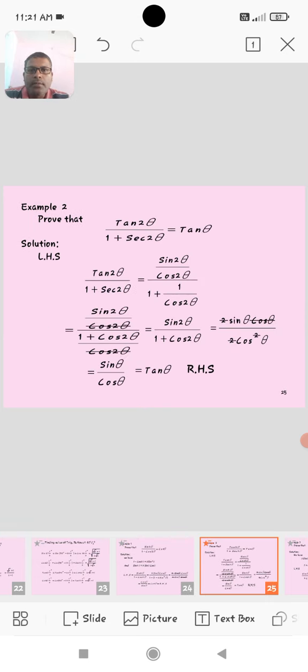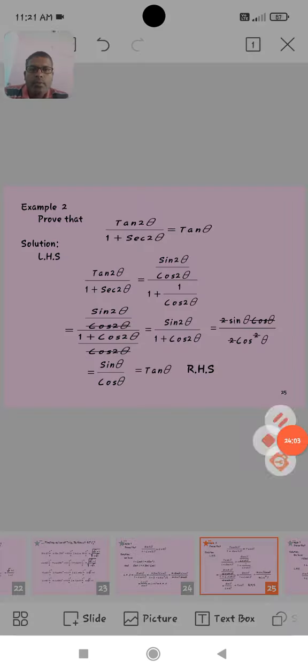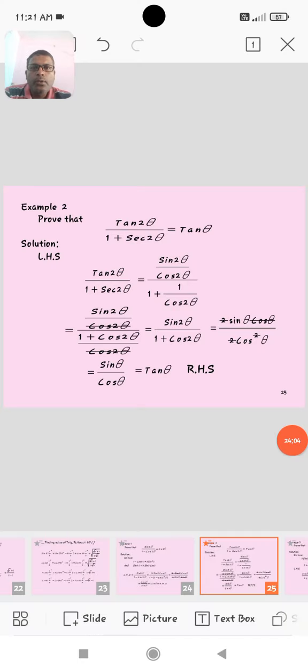Now we see the example in the same way. Prove that tan 2 theta divided by 1 plus secant 2 theta is equal to tan theta. Here we have to take the LHS part.